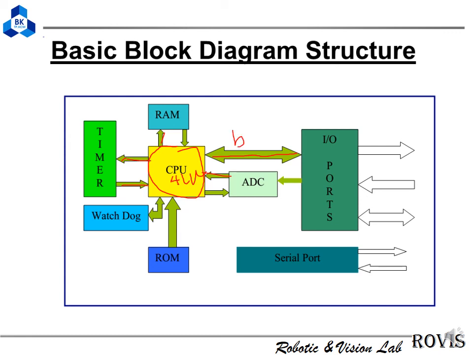We call this the bus. What is the bus? The bus is the electrical wire. This is the basic block, and you can see that we can communicate in two directions. This is very important.